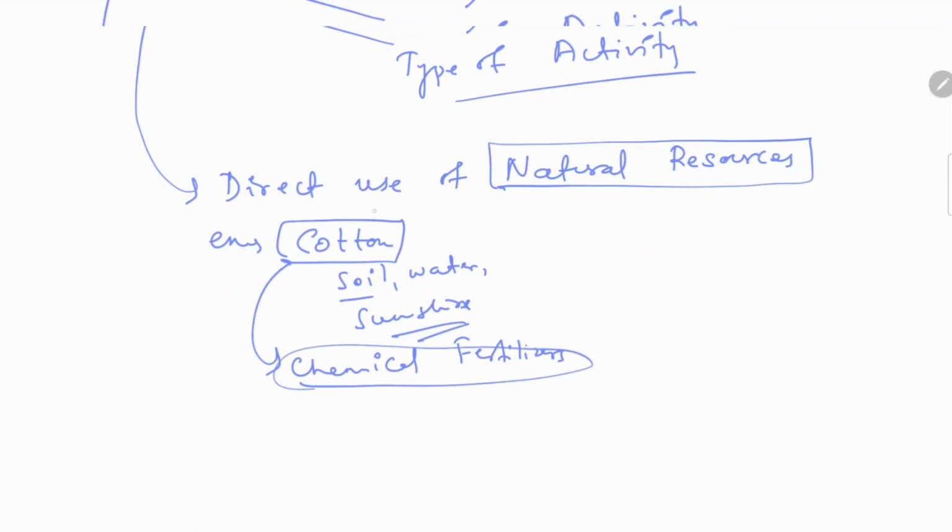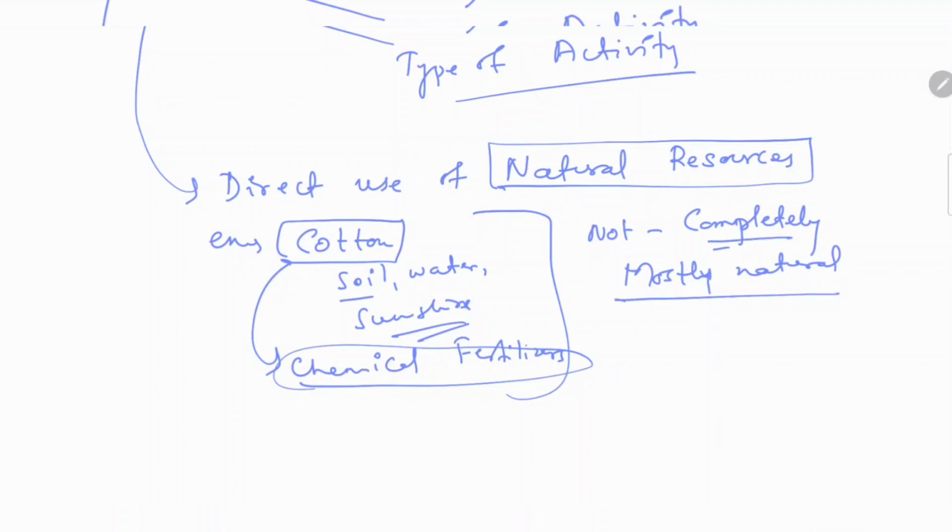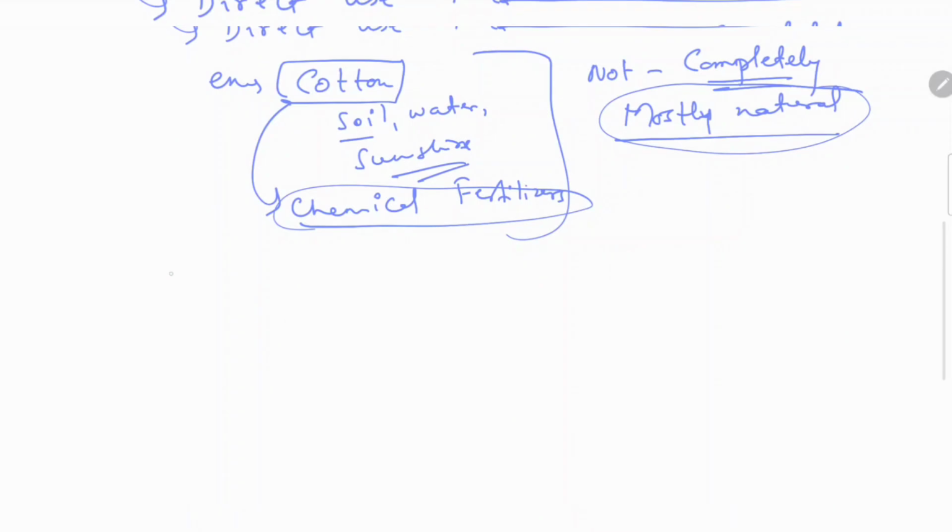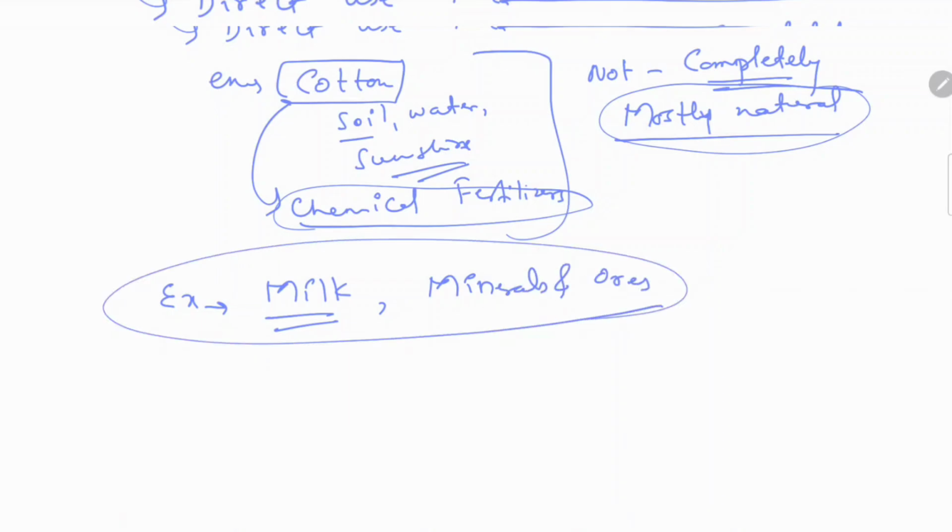The answer is, in the primary sector it is not necessary to be completely natural, but it should be mostly natural. So this we can classify into the primary sector. Other examples are milk from cattle, minerals, and ores.